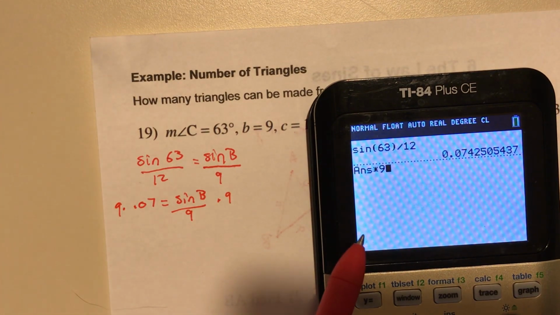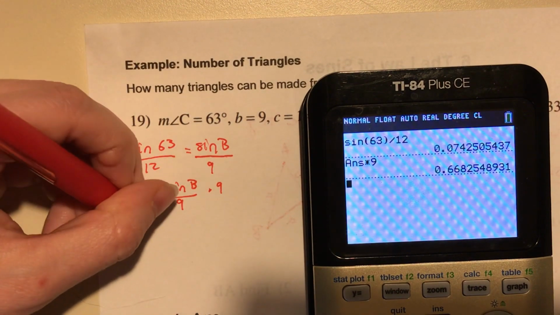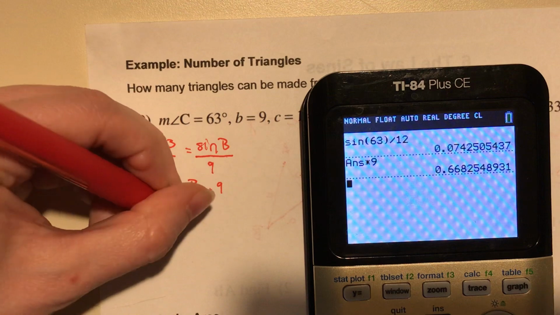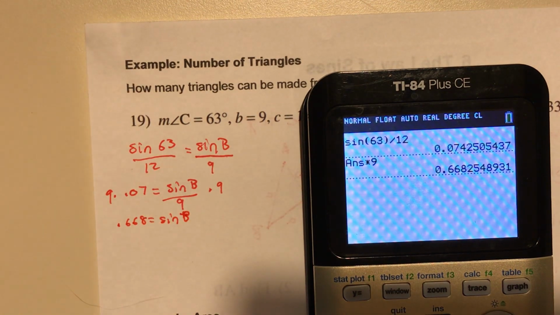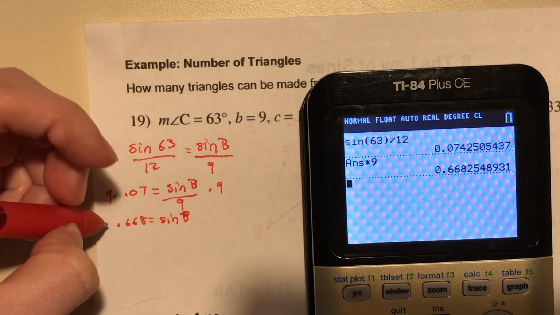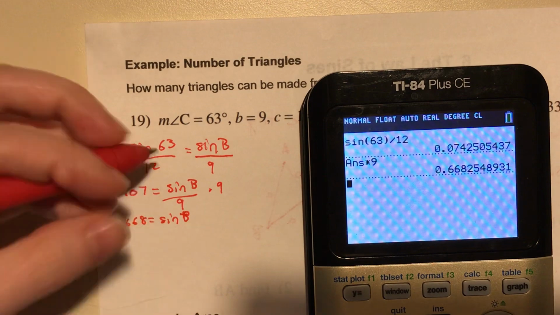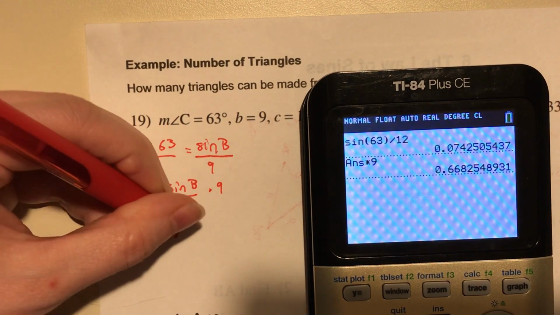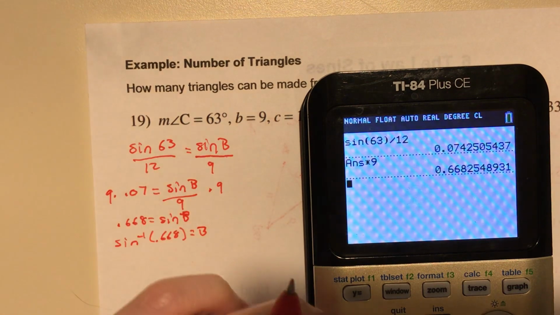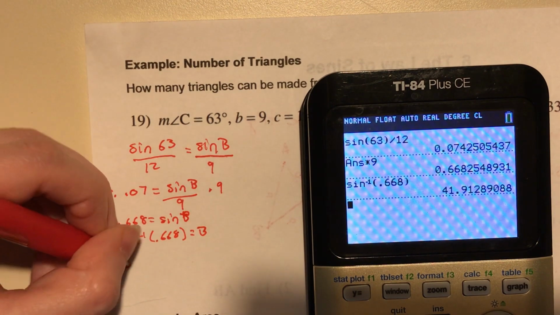I'm continuing to use the same decimals here. So I've got 0.668 is equal to the sine of B. I want to find the actual measurement of angle B. So the inverse sine of 0.668 is going to equal B. The inverse sine of 0.668 is equal to 41.91. So B equals 41.91.